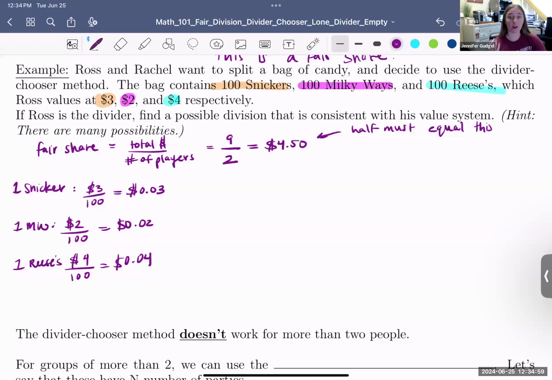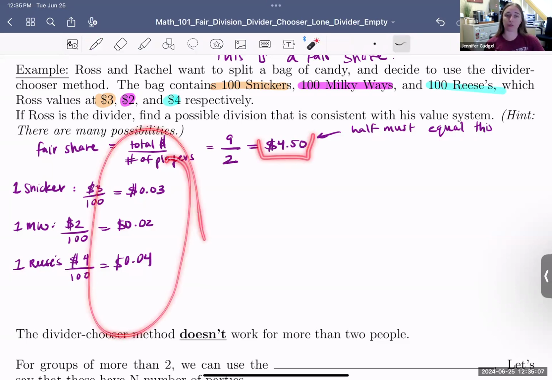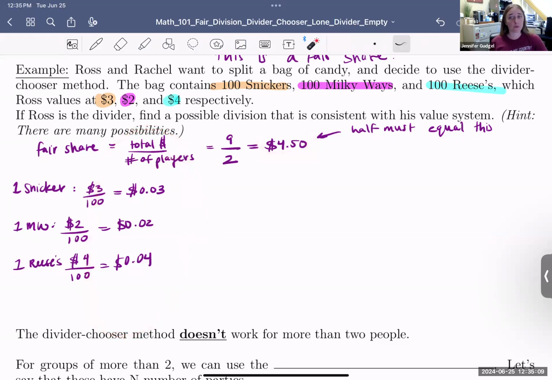When I'm in class, I'll often have you guys talk to your neighbor about this. You try it out, find some combination of candies that equals $4.50, and then see if it's different than your neighbor's, because there are more than one option here. One option, I'll just kind of lay them out, is, what did I do in my notes? We'll stick with my notes.